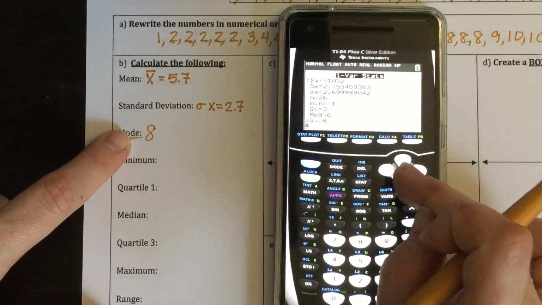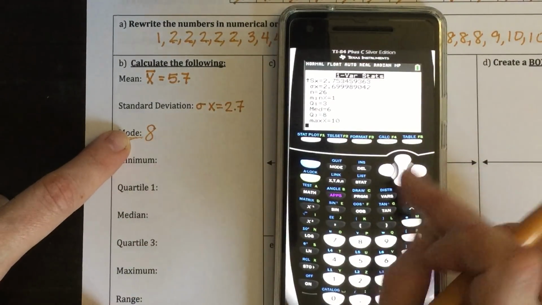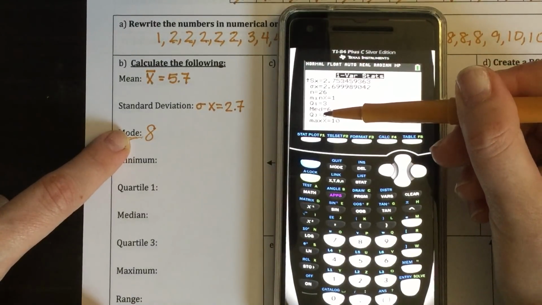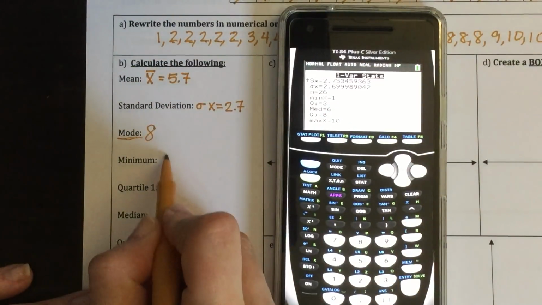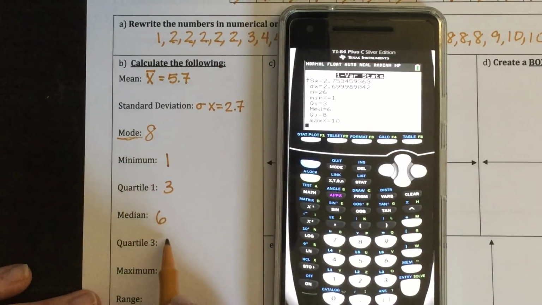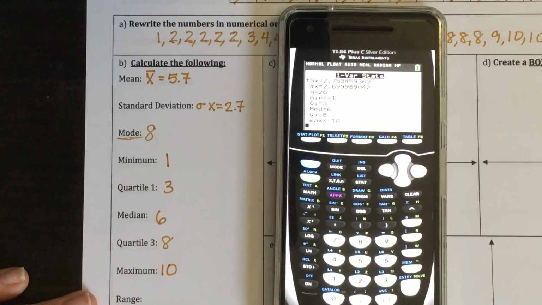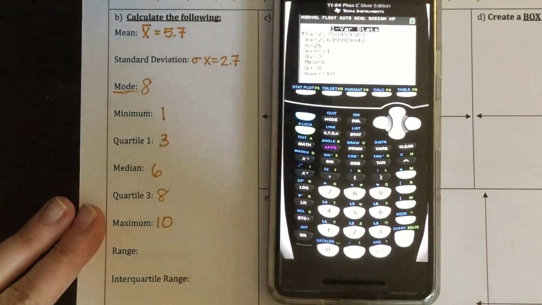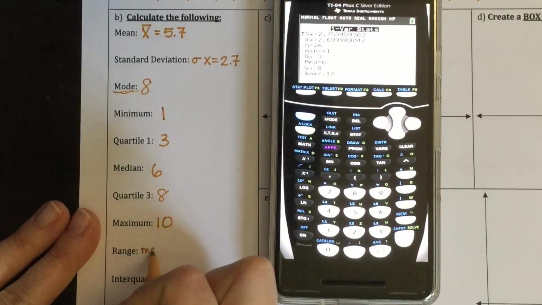And then I'm going to scroll down, and here I'm going to get my 5-number summary. So starting with min, there's Q1, median, Q3, and max. So I got 1, 3, 6, 8, and 10. Okay. And now we got to do a little bit of math on our own here. Our range is the max minus the min.